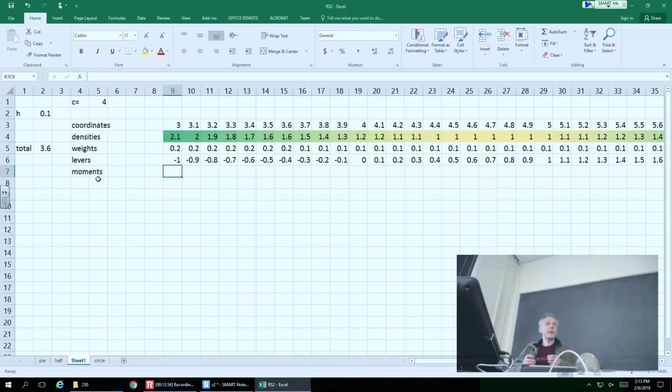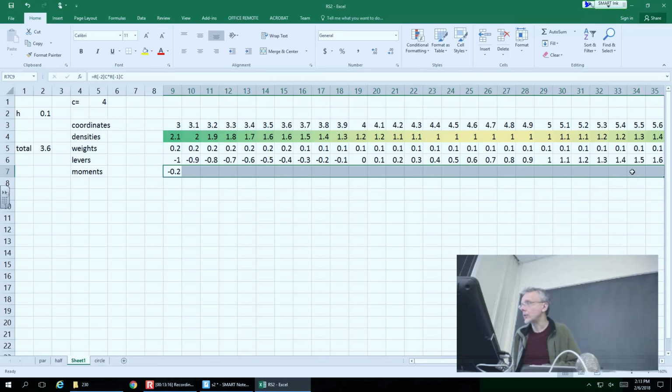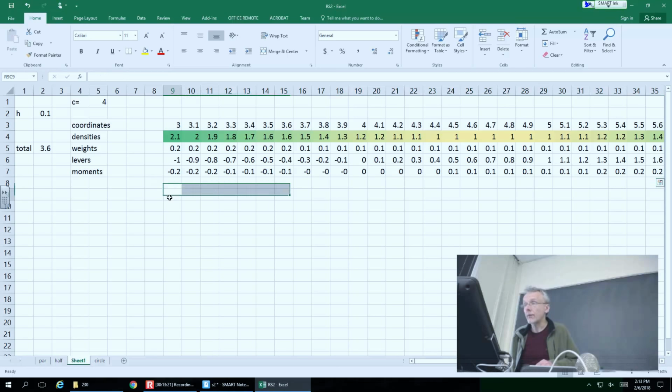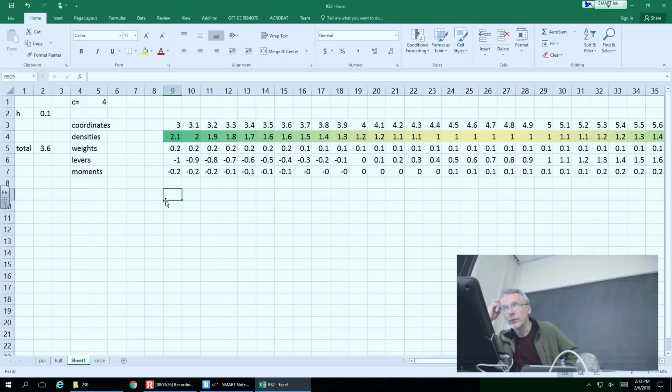Moments are simply, remember, weights times levers. So more weight, more moment, and more lever, more moment. So I'll just multiply down. It's equal to this times that. Once again the signs will be the same as the ones of the levers, positive or negative, depending on whether it's to the right or to the left of 4.